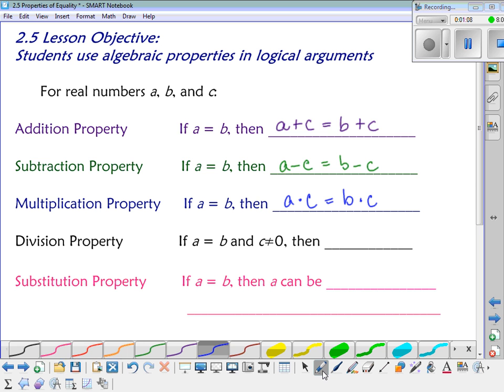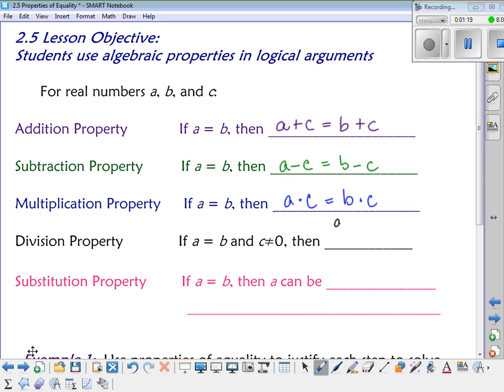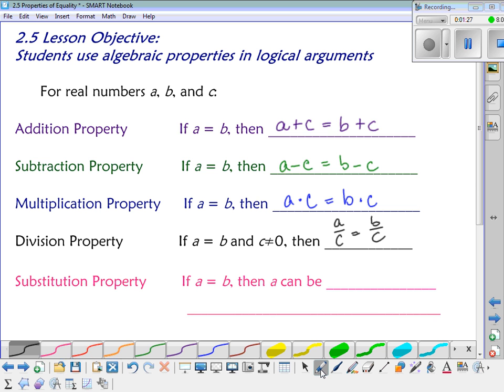And the division property. If a is equal to b and c is not equal to 0, and they say that because you can't divide by 0, then I know a divided by c is going to equal b divided by c. And this last one, the substitution property, is one that you probably haven't used in Algebra 1 very much, but we will be using it a fair amount in our proofs.